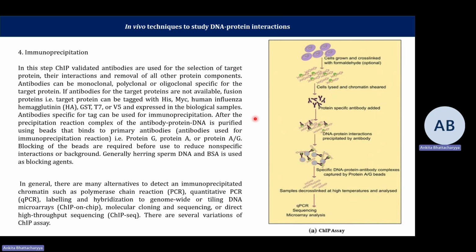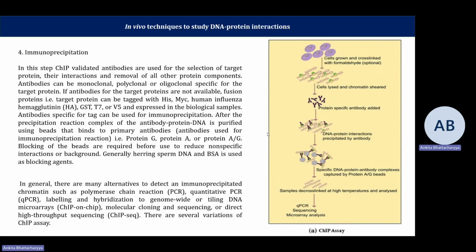Antibodies specific to that particular tag, whether it is GST, V5, HA, etc., will be utilized for immunoprecipitation. After the precipitation reaction, the complex of antibody, protein and DNA is purified using beads that bind to the primary antibodies used for immunoprecipitation, that is protein G, protein A, or protein A/G.